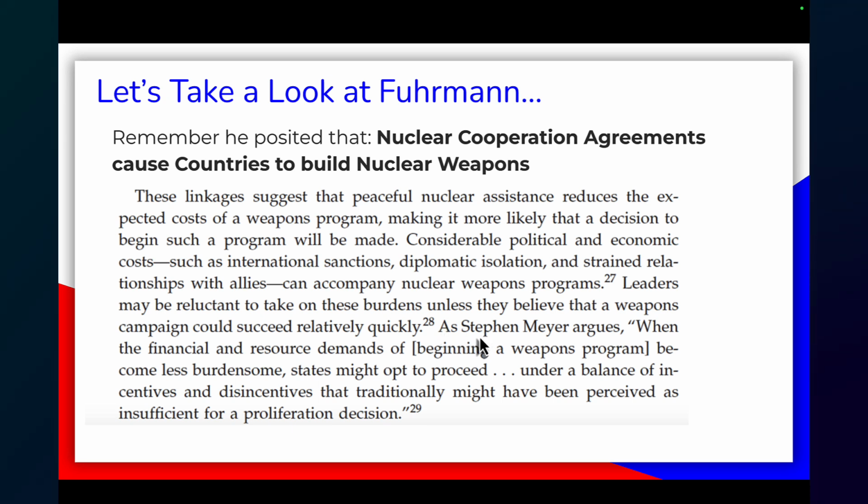As Stephen Meyer argues, when the financial and resource demands of beginning a weapons program become less burdensome because they have developed nuclear expertise when it comes to energy, states might opt to proceed under a balance of incentives and disincentives that traditionally might have been perceived as insufficient for a proliferation decision. So in other words, this is the hypothesis, right? Countries that have nuclear cooperation agreements will be more likely to adopt nuclear weapons programs.